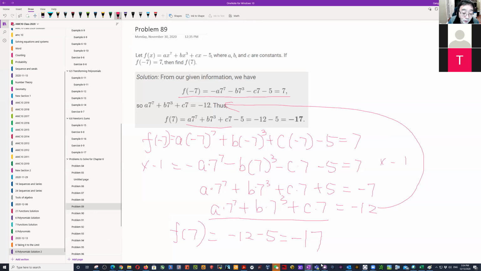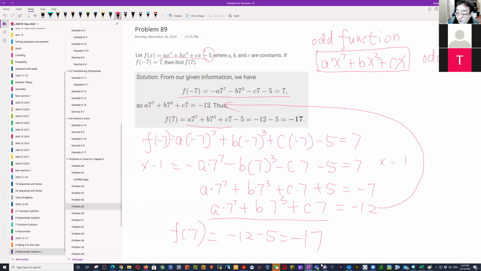So this is actually a special phenomenon called the oddity of the odd function. Let's take away 5. Then ax to the 7th plus bx to the third plus cx is actually an odd function.